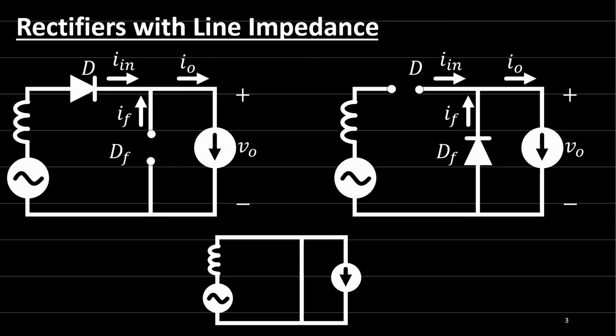At zero crossing, the input current is slowly dropped to 0 due to the input impedance effect, and the freewheeling diode current rises slowly to the load current. Because the output current is constant, the output current should be equal to I input plus the freewheeling diode current.